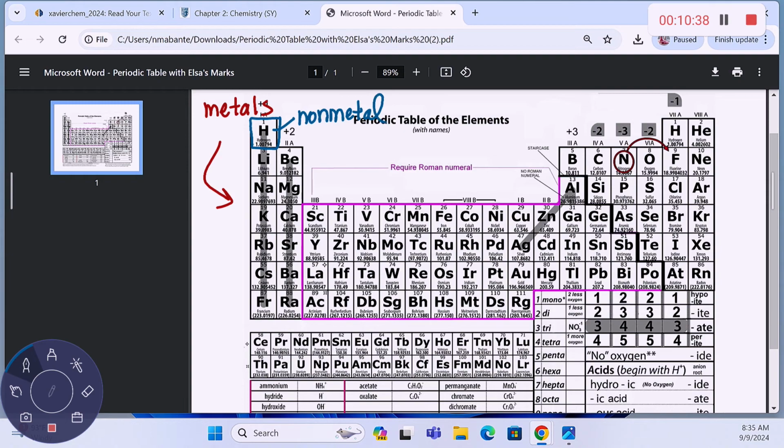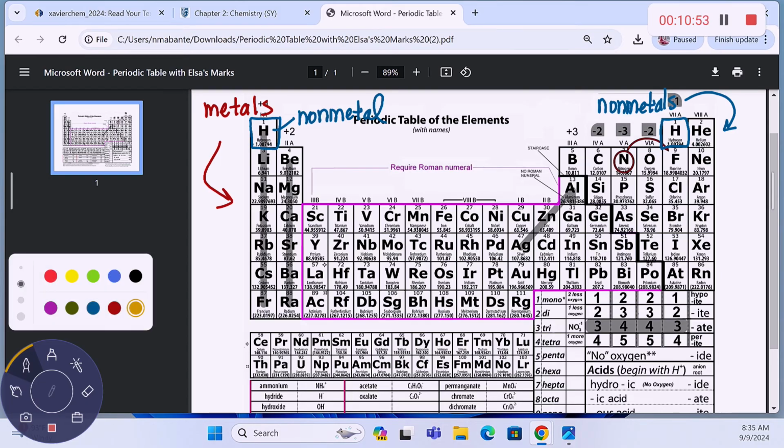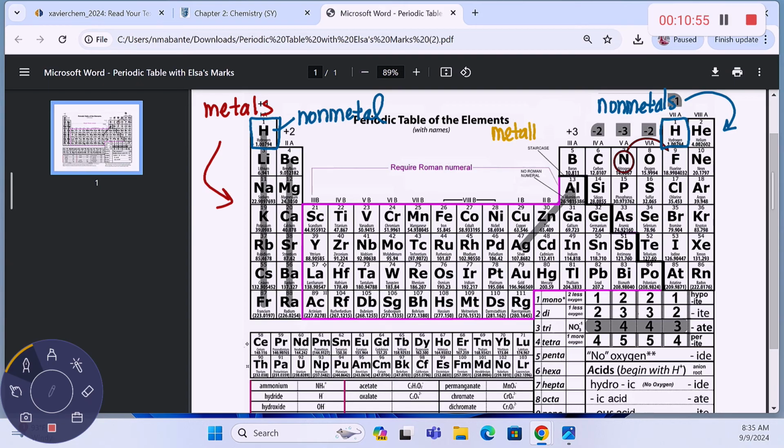I'll explain why it is on the left and the right-hand side later. And then you have all of your other non-metals over here. And then you should have taken a different color for your metalloids within here and color coded them as well.